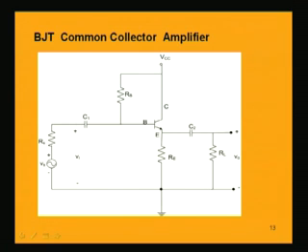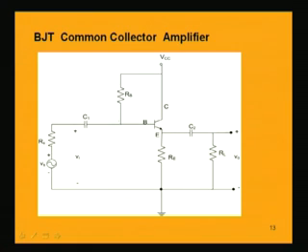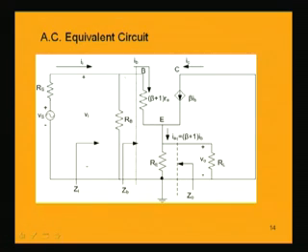If we start from the base, this is the base point, this is the emitter, this is the collector. Base has this resistance Rb to ground, because Vcc is grounded. After eliminating the capacitance C1, it has the source resistance and the source Vs.